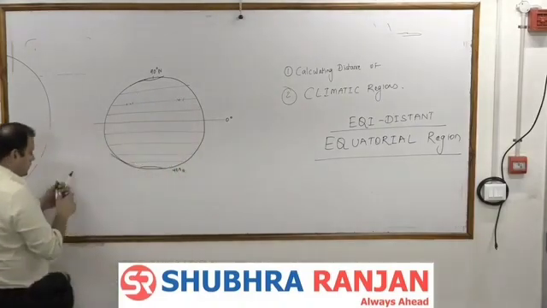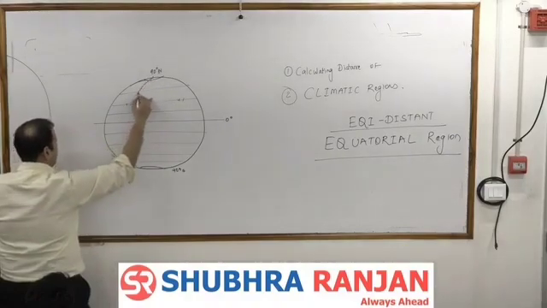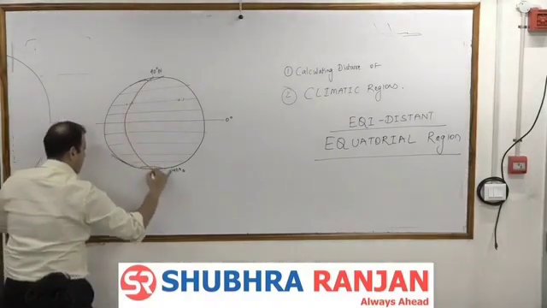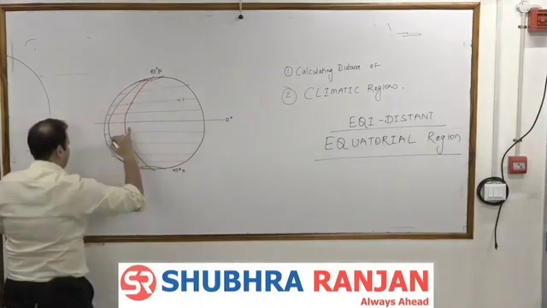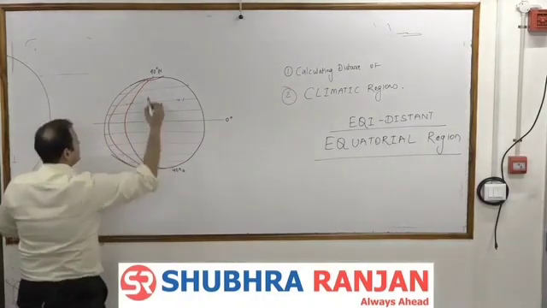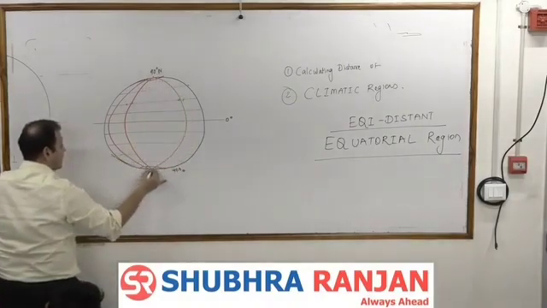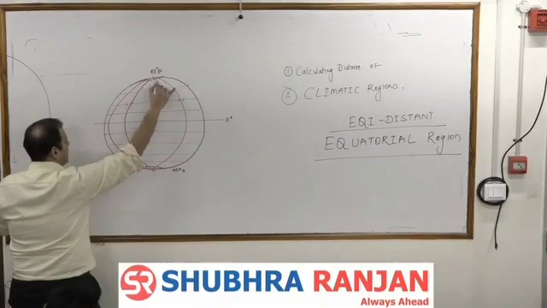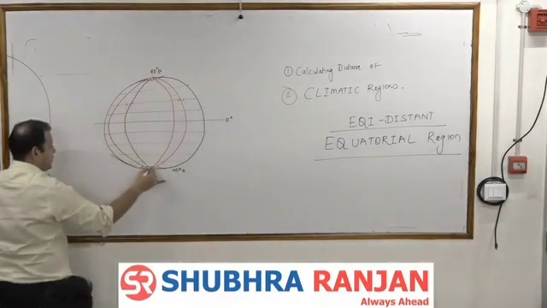So what are longitudes? Longitudes are imaginary lines which run from one pole to the other pole. Now, can you see something in the longitudes?